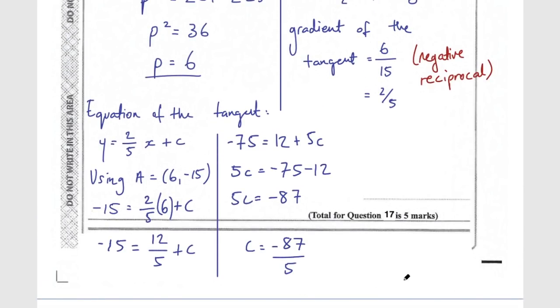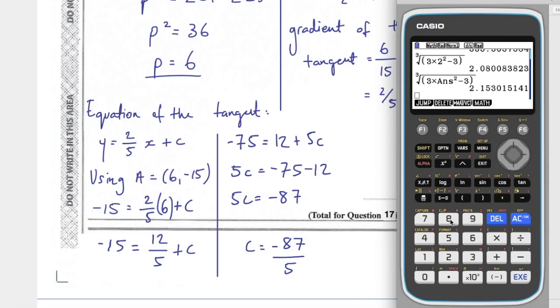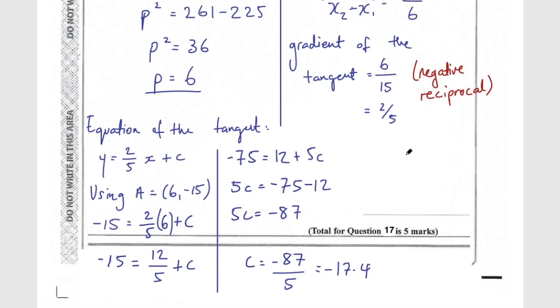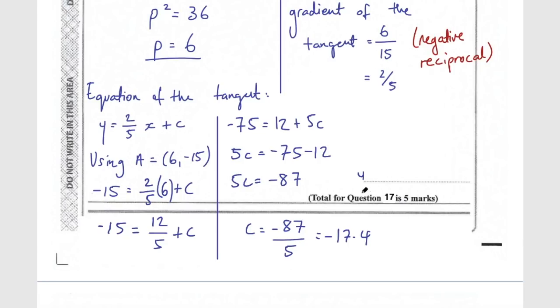Okay, so I think that would make more sense to have as a decimal, so let's put that into our calculator. So minus 87 divided by 5, that gives us minus 17.4. Okay, so we have c, therefore the equation of the line will be y equals 2 on 5 x minus 17.4 for your final answer.